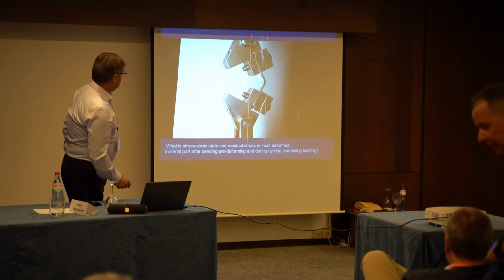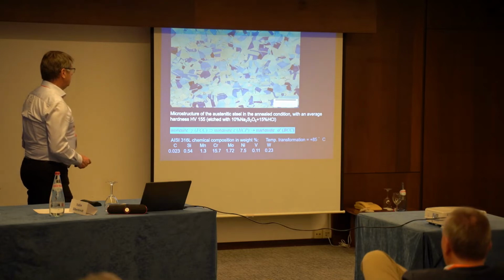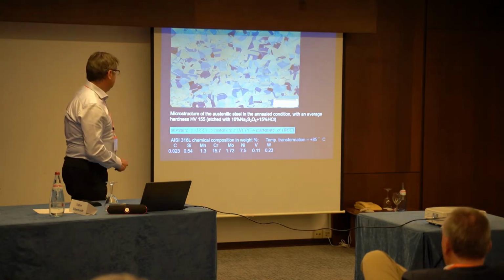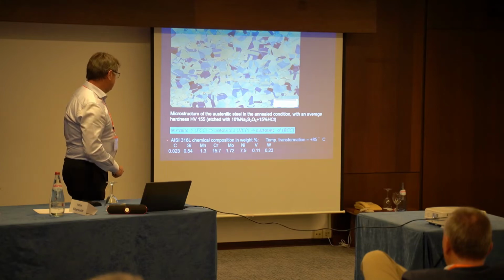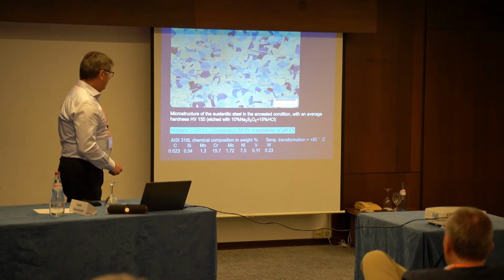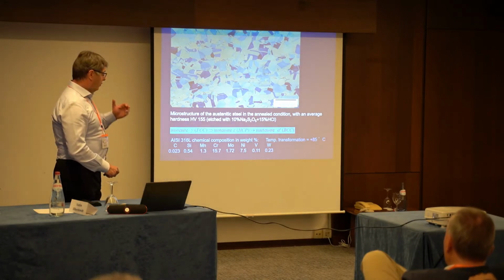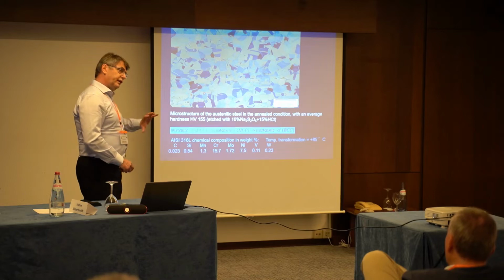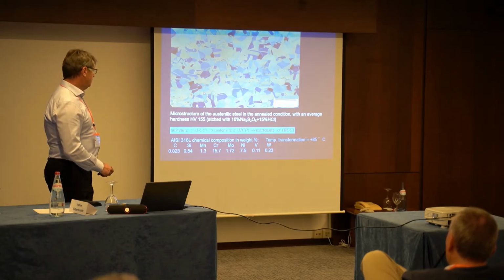We also performed the analysis of microstructure. This is the grain. It is the steel in equilibrium condition. This is the chemical composition which you have in this material. By using the formula, you can calculate for this chemical composition the transformation also by temperature. From about 85 degrees, this metastable austenite can go to martensite.